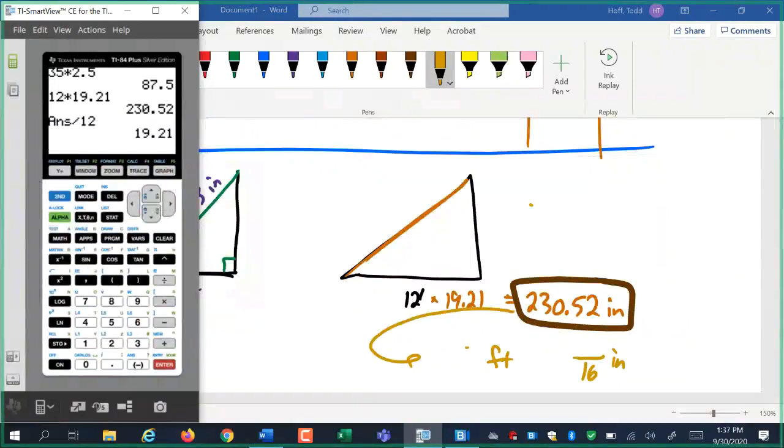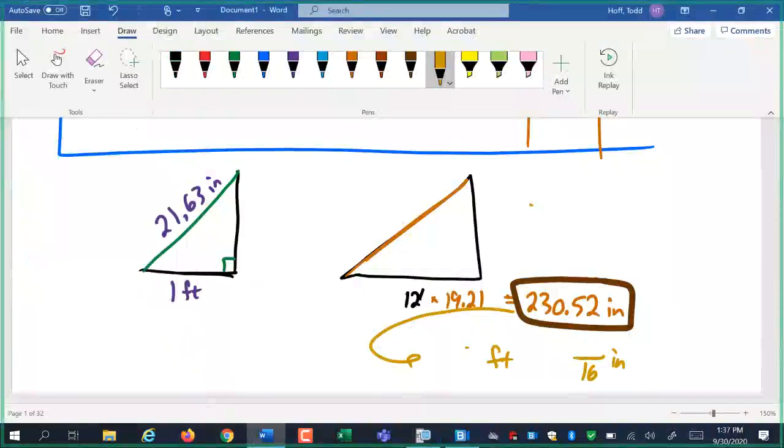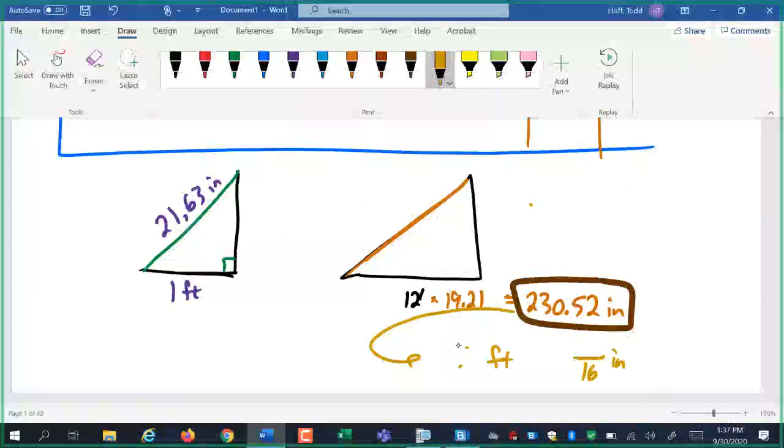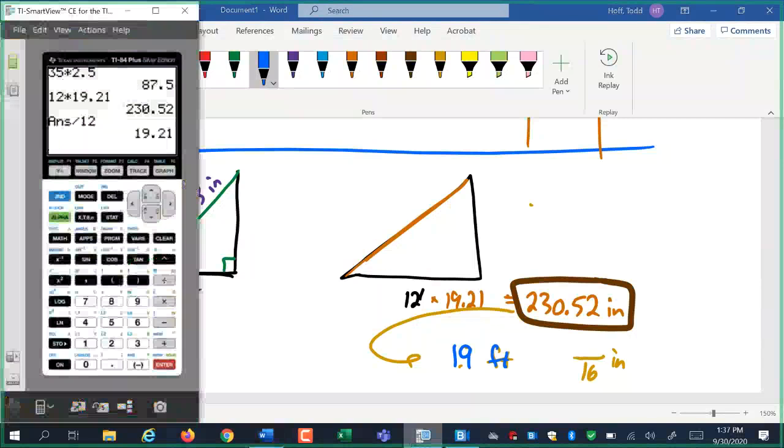Well, that makes sense. It was 19.21 inches per foot, and there's 12 feet. All I want off of that is the 19. I'm going to write down the 19 feet. Now I've used the 19 feet, so I'm going to subtract the 19 feet off of that. I'm left with 0.21. That's still feet.